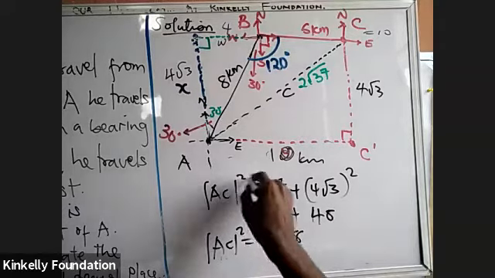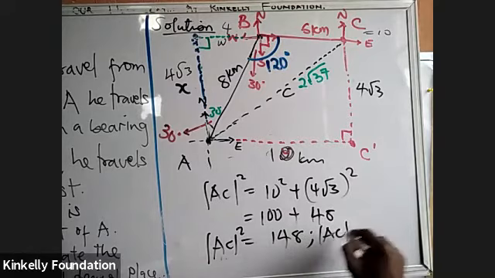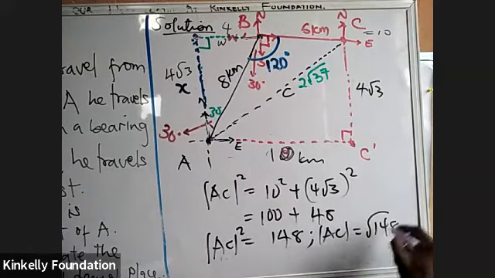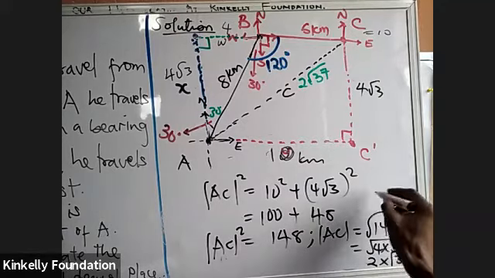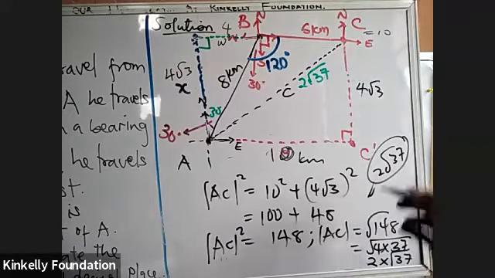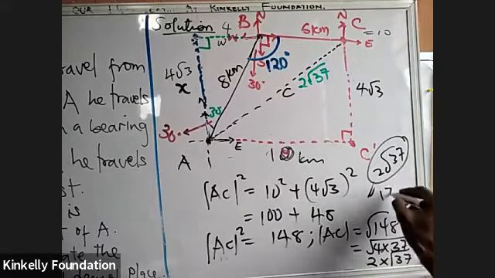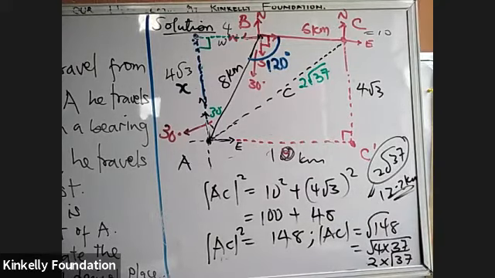This is AC squared, remember? So AC itself will now be square root of 148. And this is 4 times 37. So once you bring out 2 here, times root of 37. That was how we got 2 root 37. And now when you simplify it further, you are going to get 12.2 as we have earlier. Thank you so much.